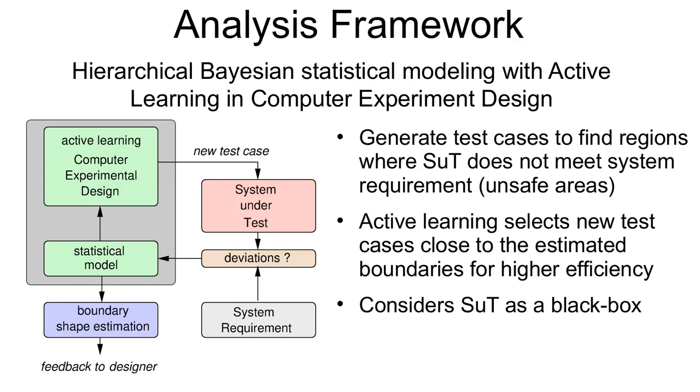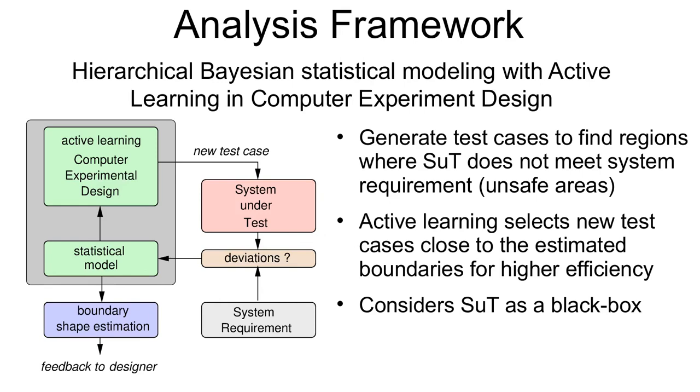Our framework uses active learning and computer experimental design to incrementally come up with a statistical model and iteratively improve the statistical model to find and characterize these boundaries. Finally, we can perform a geometric shape estimation of the boundaries in order to provide feedback to the designer.